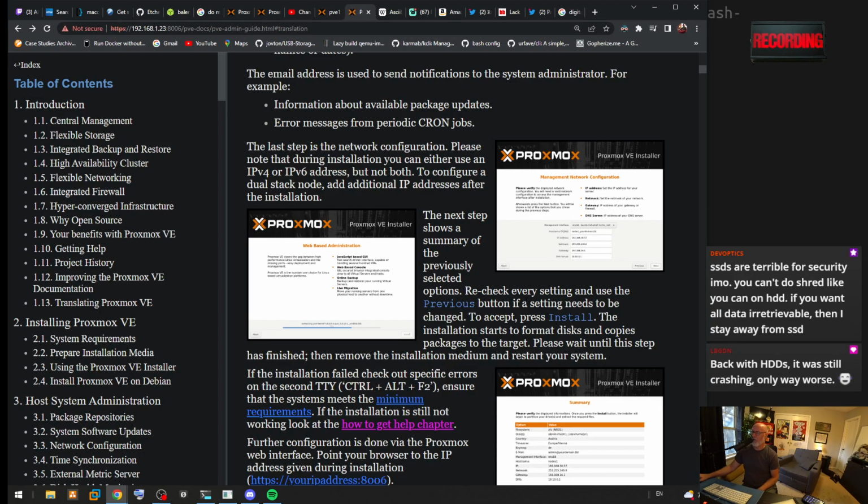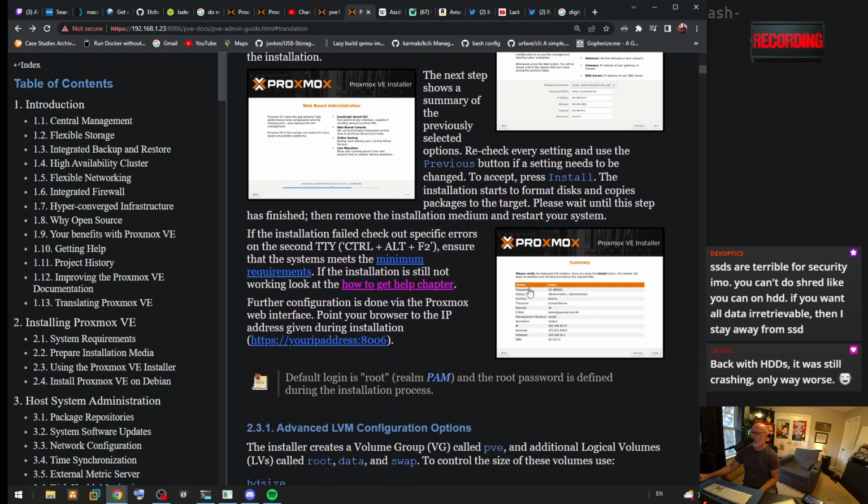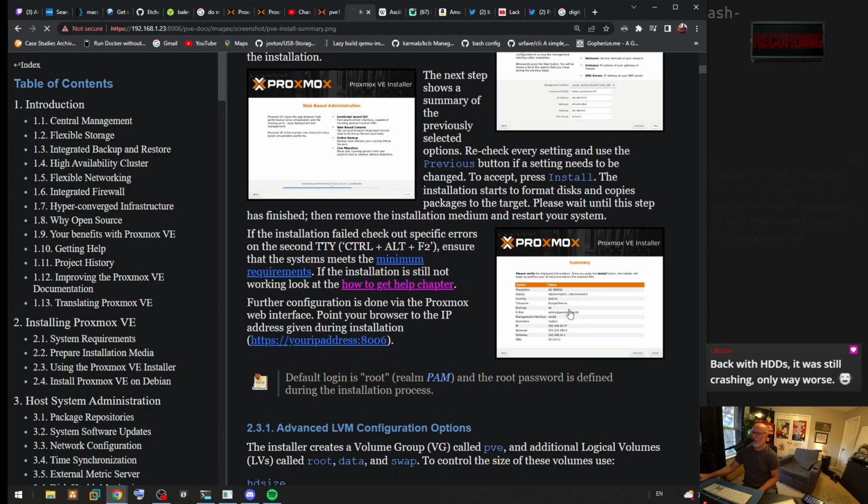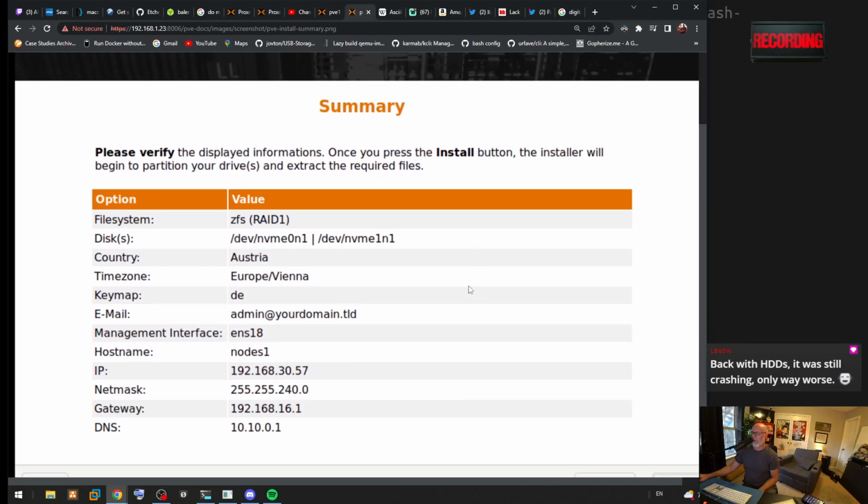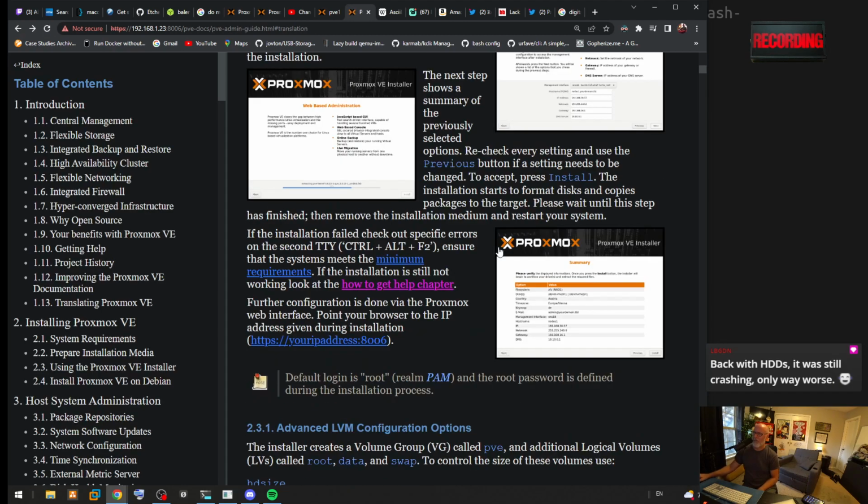All right, so we're almost done going through the installation docs here. We went through all of the Proxmox installation, and it gives you a summary, which is super beautiful. I really love it. It tells you all your settings. As installers go, and y'all know this, the Proxmox installer is very well done.